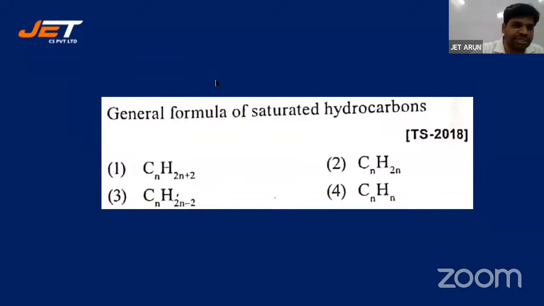There are two options for unsaturated. Abhinam, there are two options for unsaturated. Saturated ki option 1, unsaturated ki option 2 and 3. Right? For alkanes, saturated ki option 1. But for alkenes and alkynes, option 2 and option 3. Yes, thoroughly. Option 2 and 3 is for unsaturated. Good. You've got good clarity over the formula. Good. Excellent. Let's go for the next one.